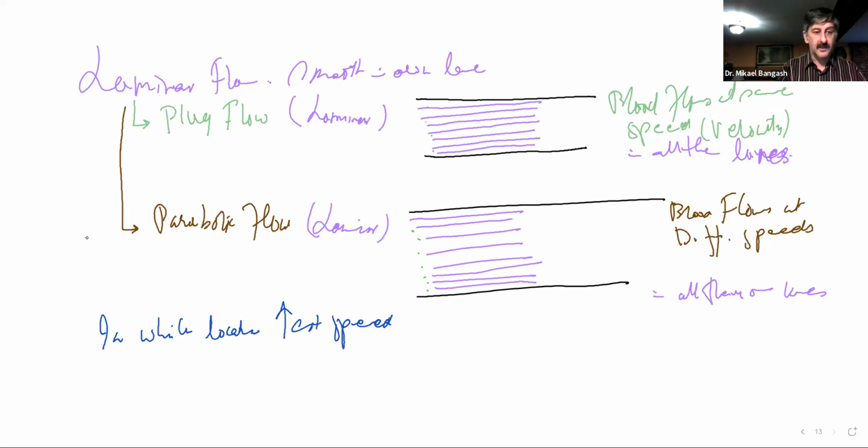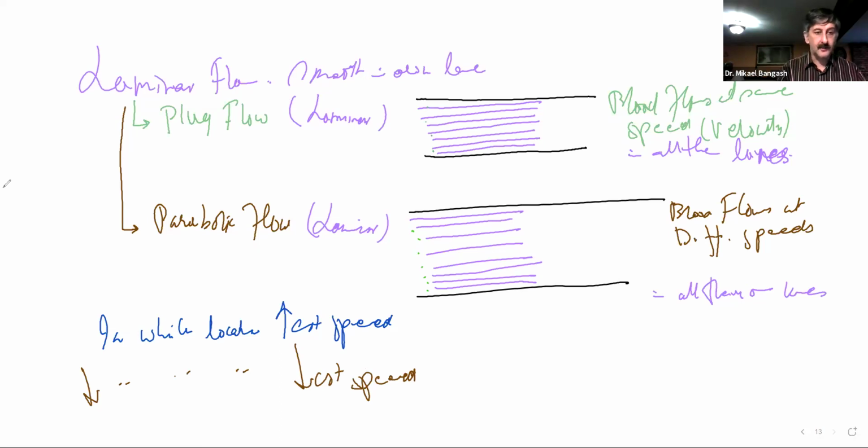And in which area is going to be the lowest speed? Right, guys? That's the next question that we will answer.